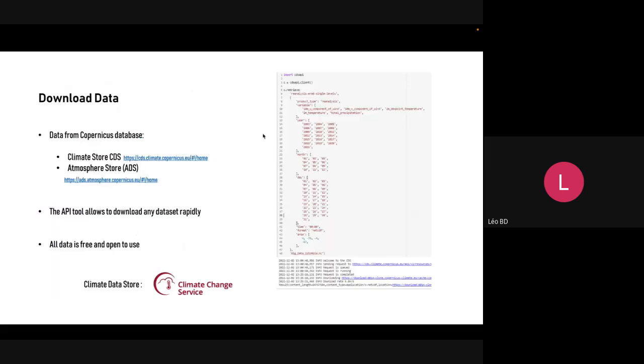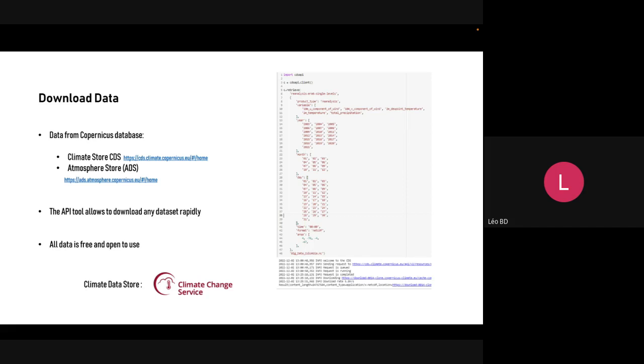So first, we had to download data. As I told you, it was from Copernicus, and there are two main databases: the Climate Data Store, which is called CDS, and the Atmosphere Data Store, which is called ADS. From these two databases, you can basically access them freely on the internet. You have to make an account, and then you can use their free tool, an API, that makes you do requests for the data, and you can download it on your own server or computer.